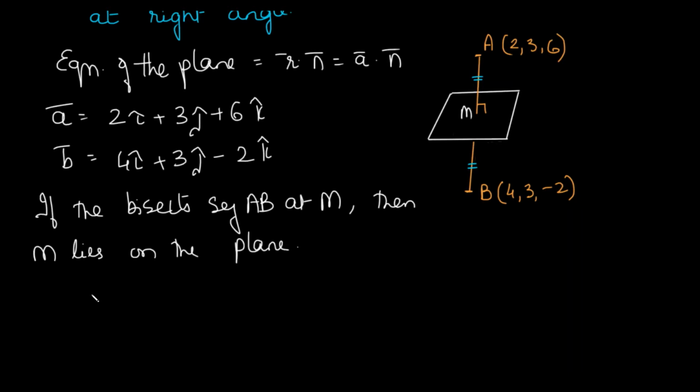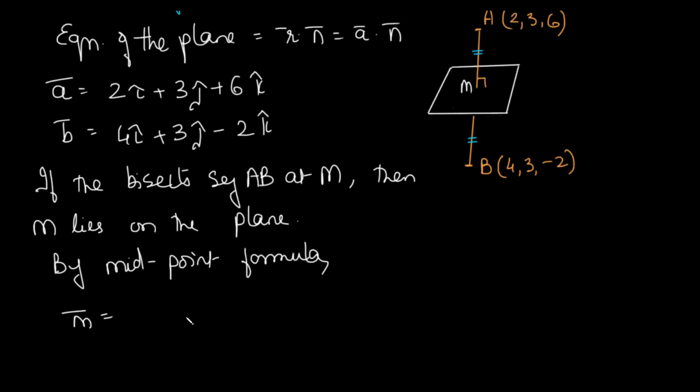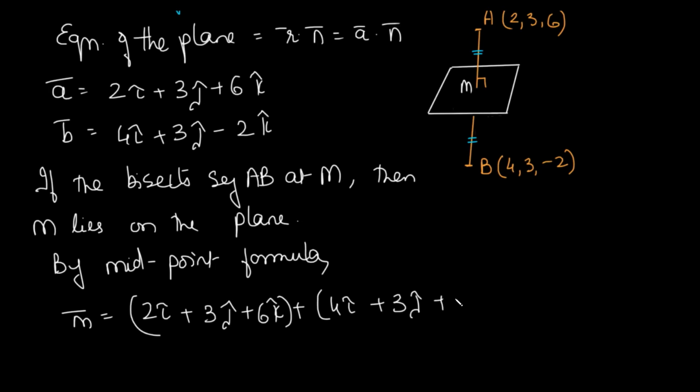And by midpoint formula, we have M bar is equal to (2i plus 3j plus 6k plus 4i plus 3j minus 2k) upon 2.